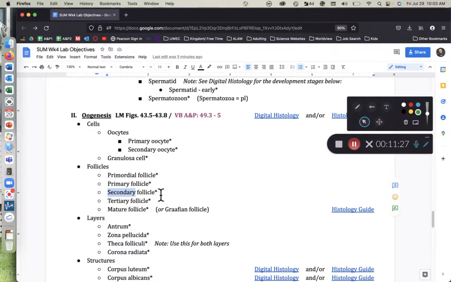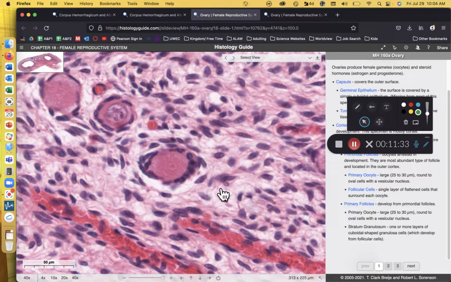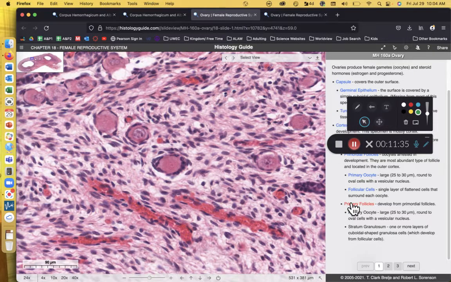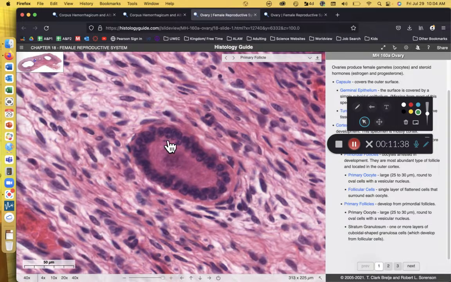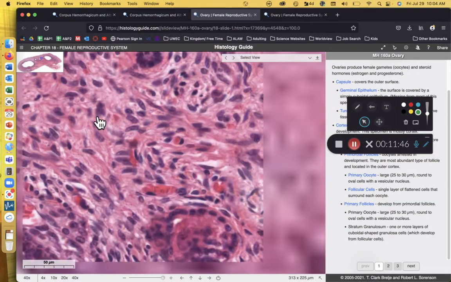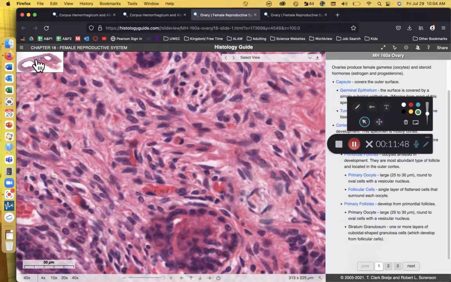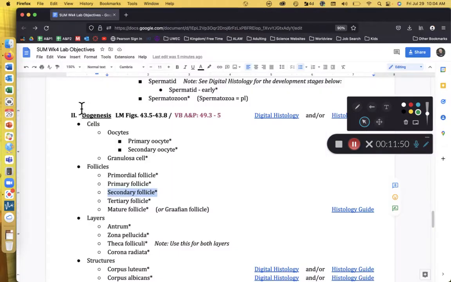Next we have the secondary follicle. As we look at secondary follicles, those we define as having two or more layers of cuboidal cells, so a stratified cuboidal epithelium. And another key thing I want to emphasize about the secondary follicles is the appearance.